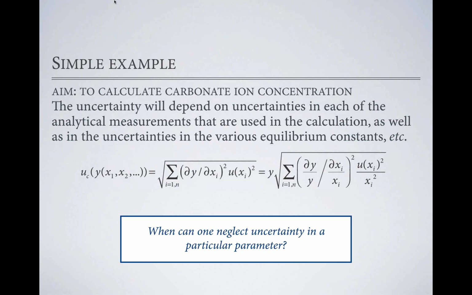The square root of 10 is almost the same as the square root of 9. The uncertainty hardly changed because of the uncertainty of the second parameter there. So if the total effect is about a factor of 3 different, you can neglect it trivially. A factor of 2 is probably not going to worry you too much. So that's when you can neglect uncertainty.